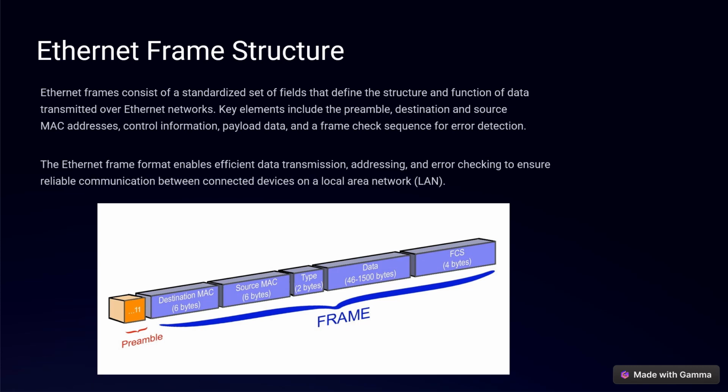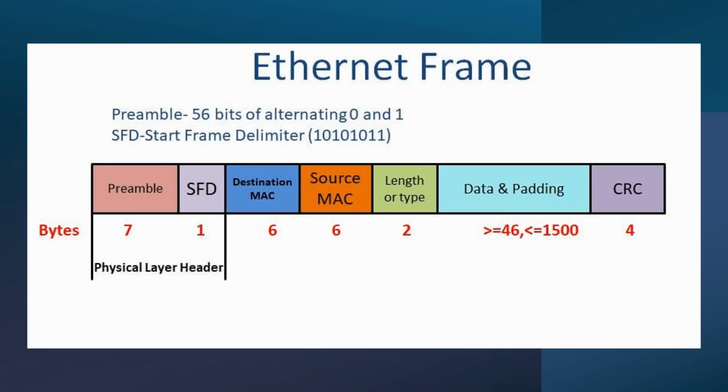It also helps the receiving device recognize the starting point of the frame. After the preamble, there is the SFD, which is the start frame delimiter. It sits between the preamble and the destination MAC. The value of SFD is always fixed, that is 10101011. Sometimes it is considered along with the preamble.